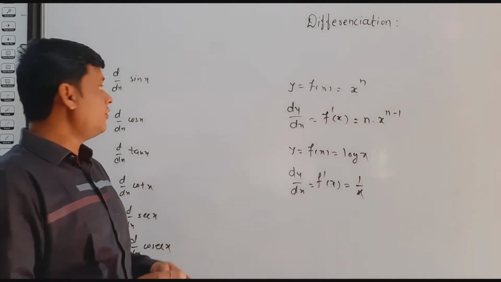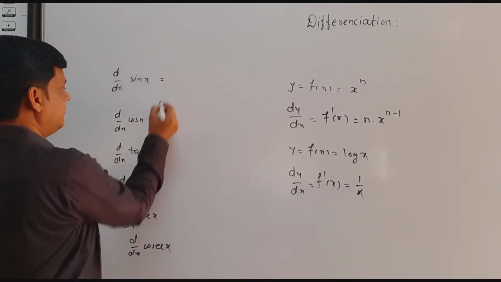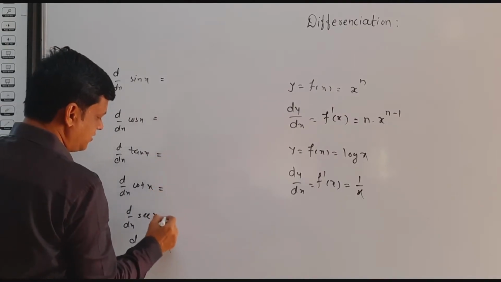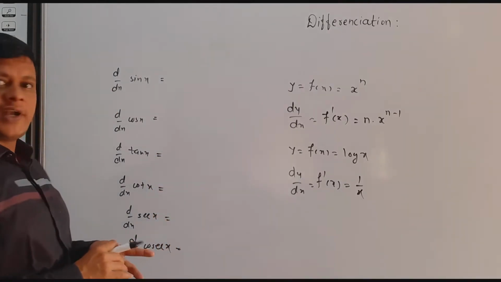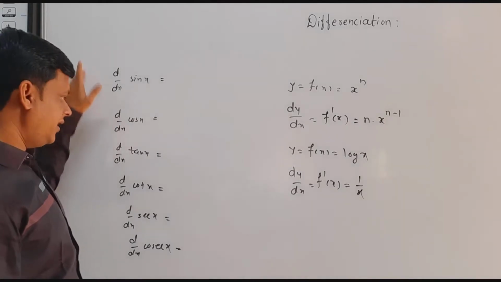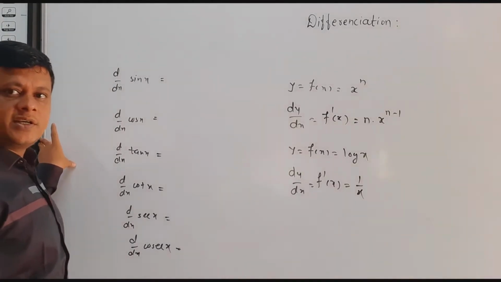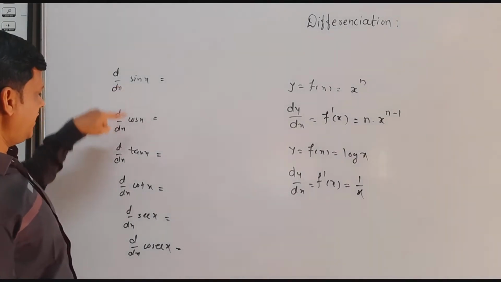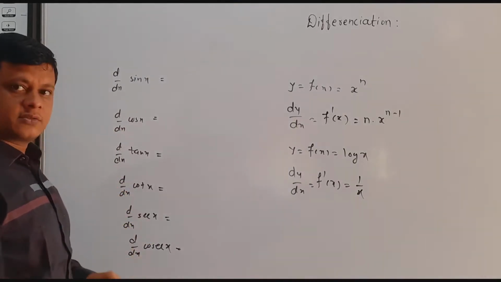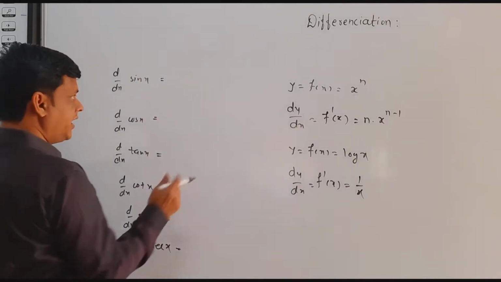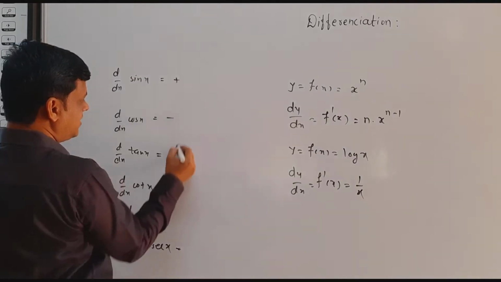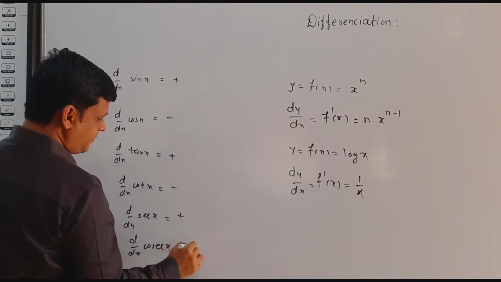So to avoid confusion, we mark here first. We have to write the formulas in this form that we already discussed in trigonometric functions: sin, cos, tan, cot, sec, cosec. So while finding the derivative, we write here plus minus plus minus plus minus.